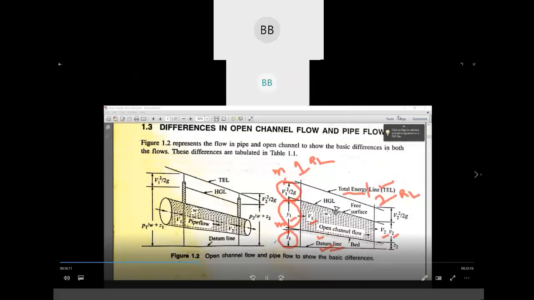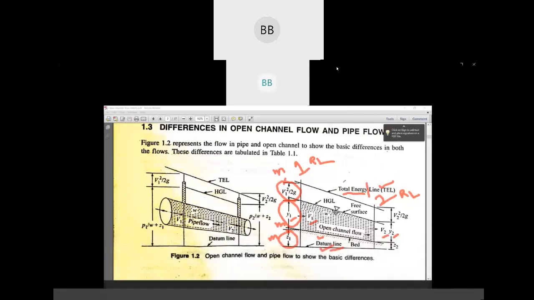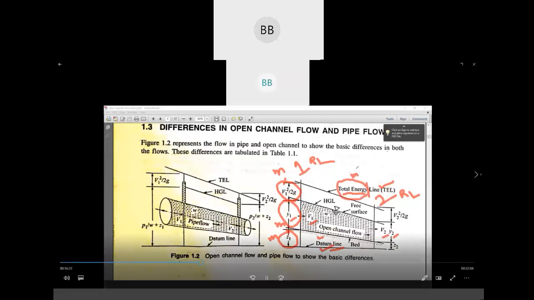Your Z1, that is your datum head, it is also in meter. So all the units are in meter. So that total energy you are going to calculate will be in meter.